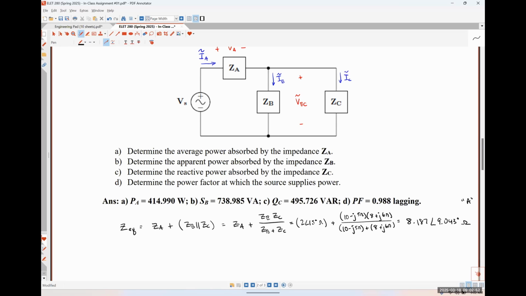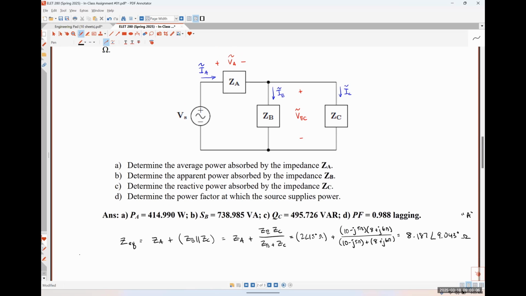Okay, so we figured out what our equivalent impedance is. So how could we use that to find anything else? Okay, so we could use Ohm's law to figure out what our current IA is, since that's the current that's flowing out of the positive polarity terminal of our source and into the network as a whole.